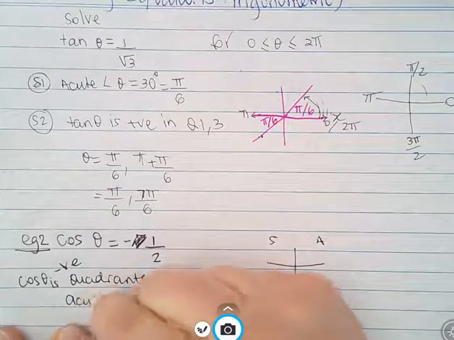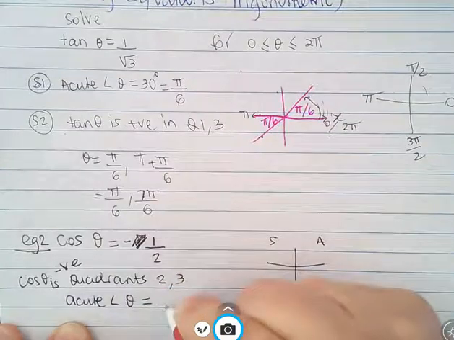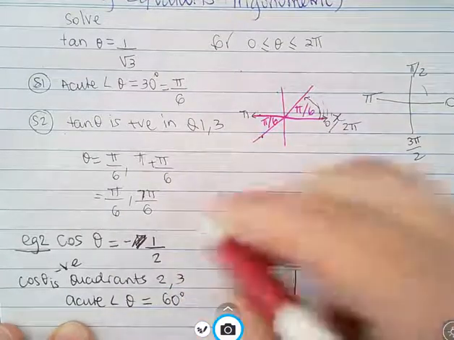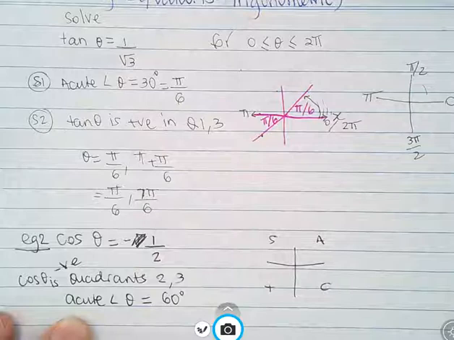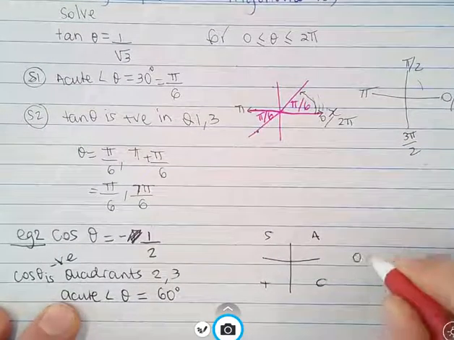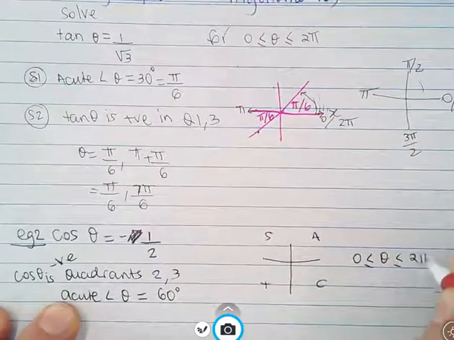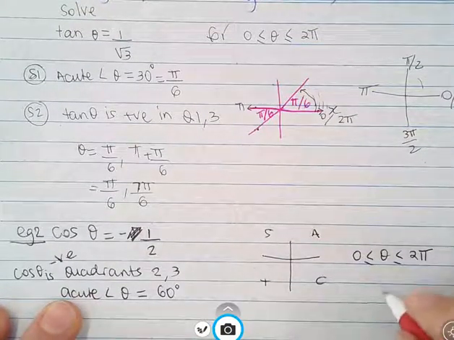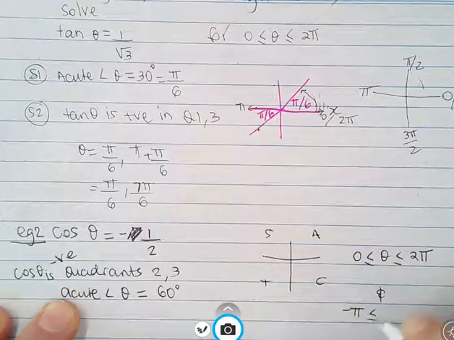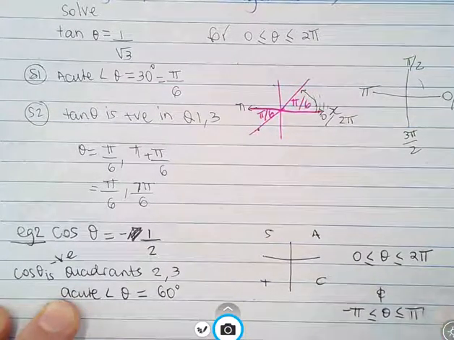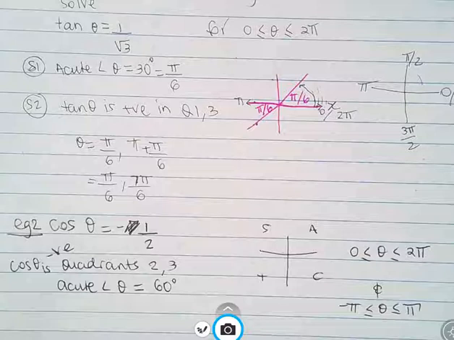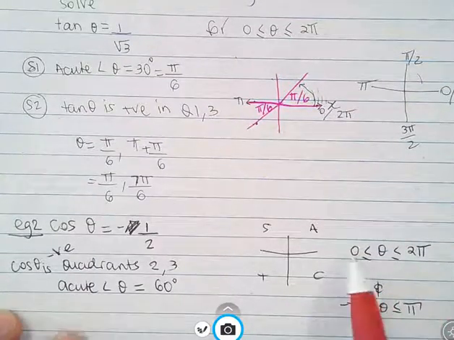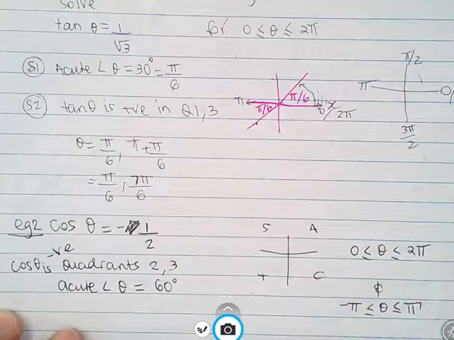Then we say acute angle theta is 60, but I'm going to ask for the solution in radians, and I'm going to ask for the solution two ways. You have to give me the solution from 0 to 2 pi, and then we're going to practice looking at the solution from -pi to pi.